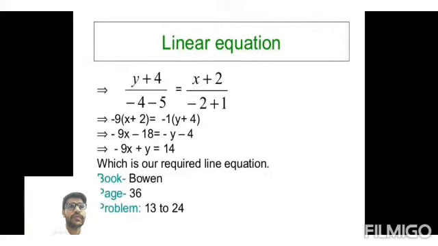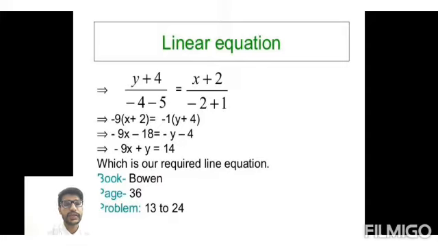Y plus 4, and putting the values, y plus 4 and x plus 2, minus 4 minus 5 upon minus 2 plus 1, which is 9 upon minus 1. So minus 9 times (x plus 2) is equal to 1 times (y plus 4), so minus 9x minus 18 is equal to y plus 4.